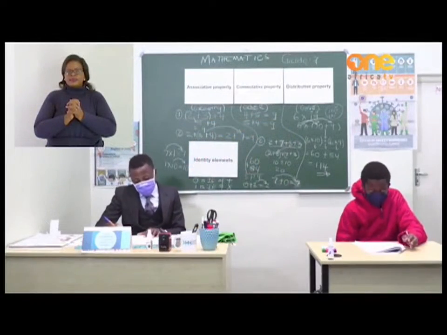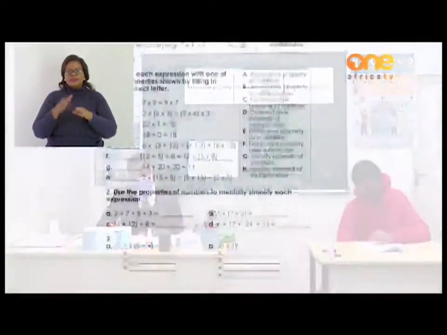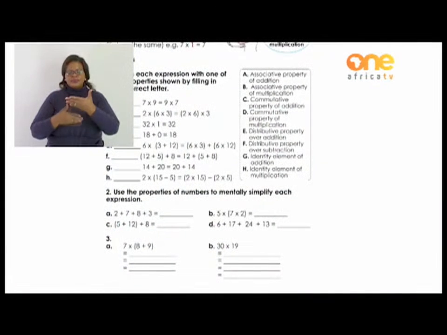Okay, now let us do the activity on page 14 in our booklet. We start with the first number 1. You need to match each expression with one of the properties shown by filling in the correct letter. We have A until H. Look on your right hand side where there is a box of properties.